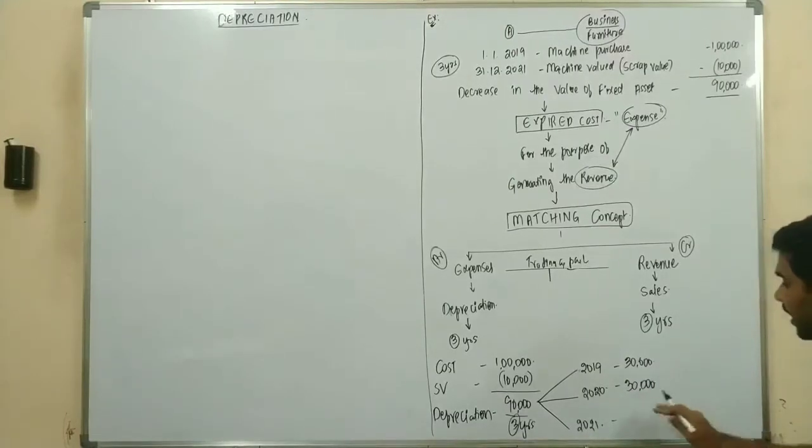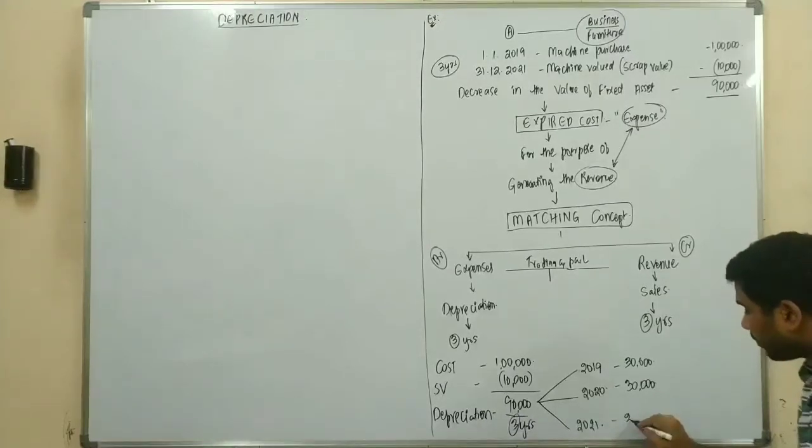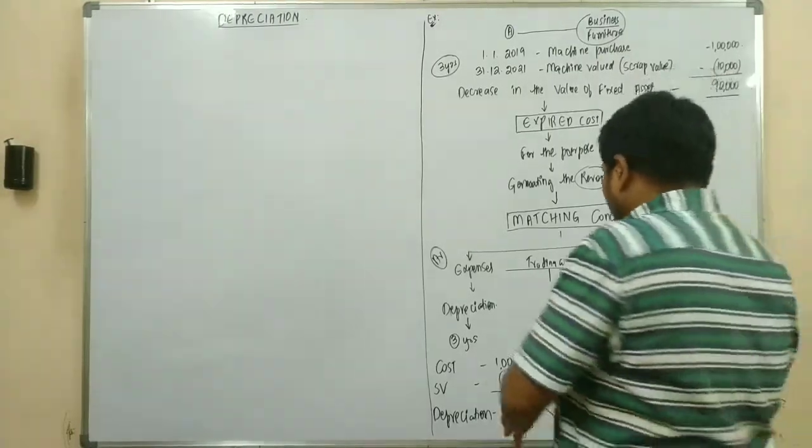In 2020, your depreciation would be 30,000, and in 2021, your depreciation would be 30,000. Yes or no?